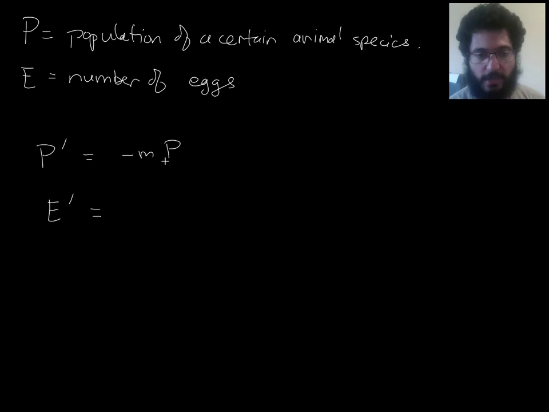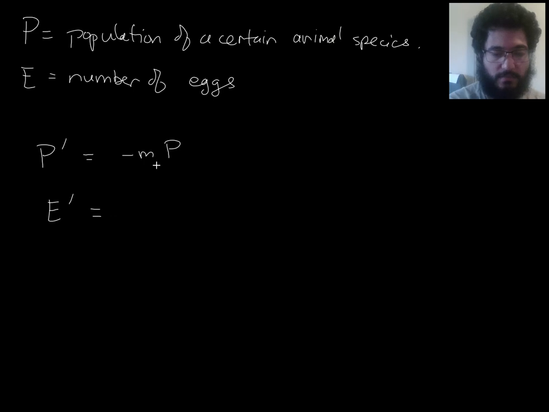So when I say m per capita, that means m is sort of the proportion of the population that die in a given unit of time, except it's like an instantaneous version of that. Okay, so this is just like their natural dying rate.